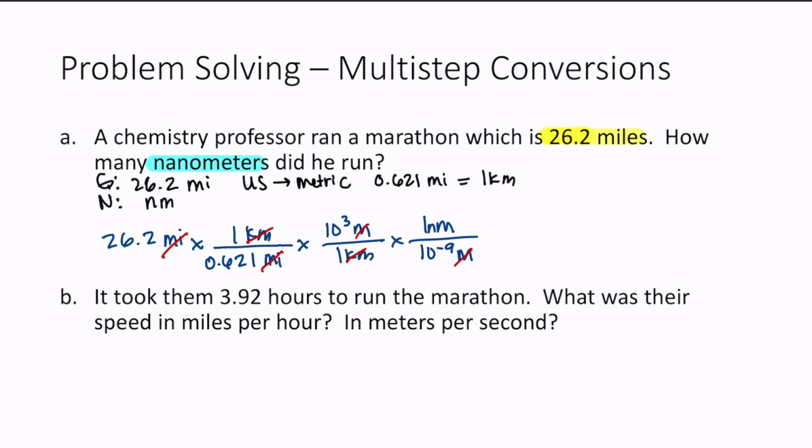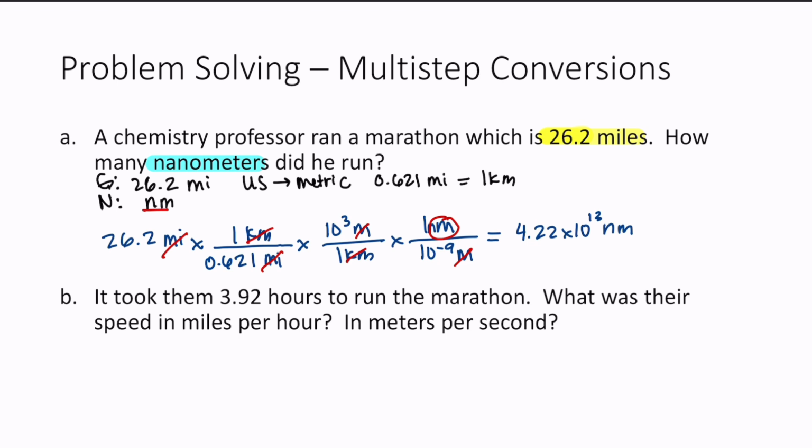My meters cancel. I'm left with units of nanometers, which is good because that is what I need. And just like before, I'm going to multiply everything across the top and divide it by everything across the bottom. And when we do that, I get 4.22 times 10 to the 13 nanometers.